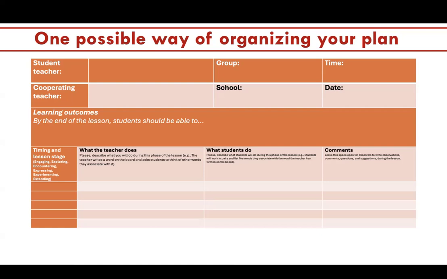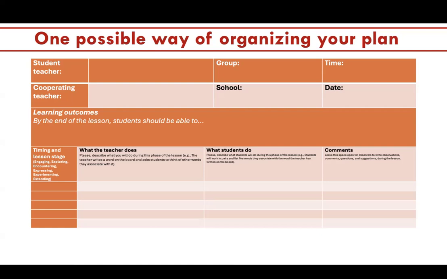Then what you describe for the people who are going to observe you is what the teacher does, what you will do. And I wrote there, please describe what you will do during this phase of the lesson. For example, the teacher writes a word on the board and asks students to think of other words they associate with it. While you're doing that, the students are going to be doing something. So what do the students do?